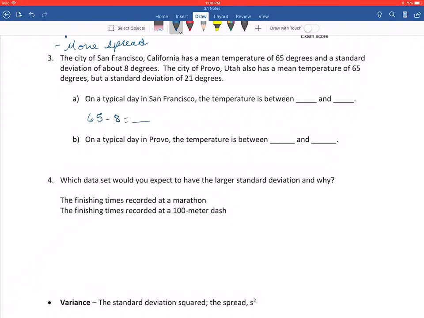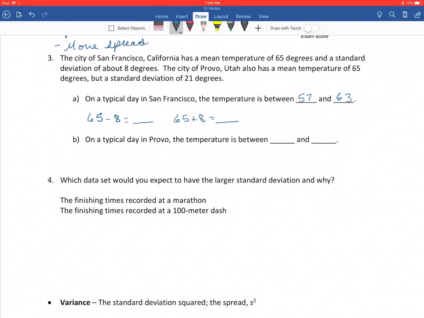So we could say between whatever 65 minus 8 is and whatever 65 plus 8 is here. So adding those up and subtracting them, we would get between 57 and 73.